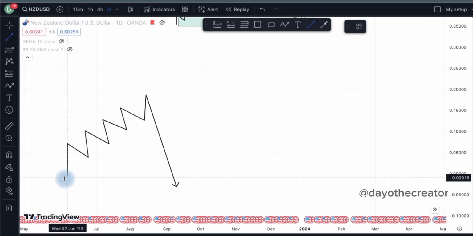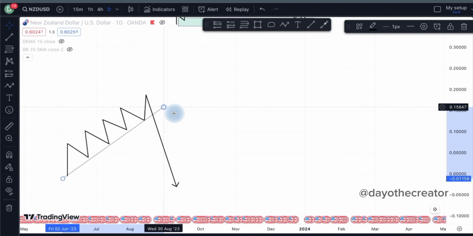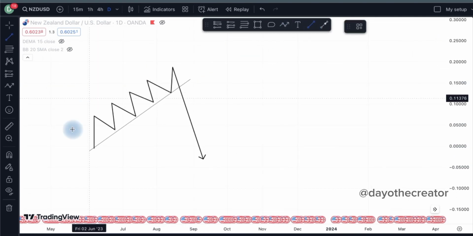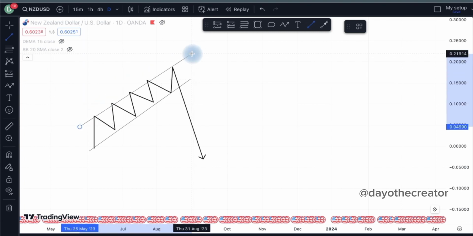Trend line liquidity is the type of liquidity that induces retail traders to either buy or sell before the market goes in the opposite direction.